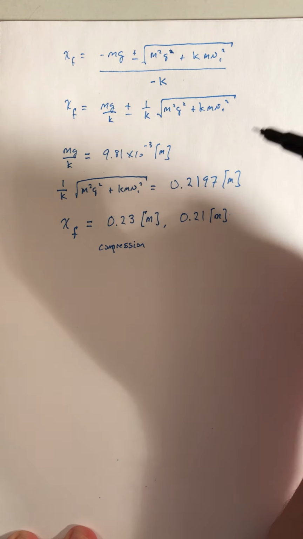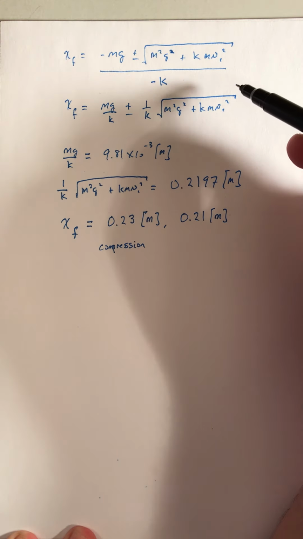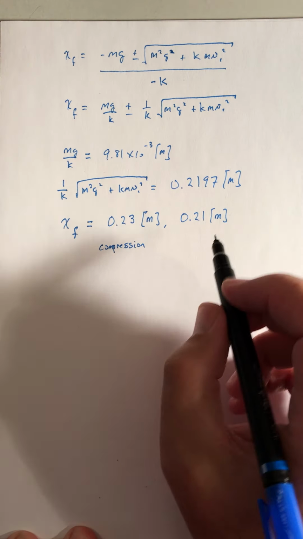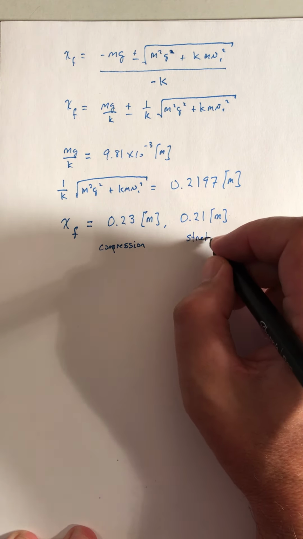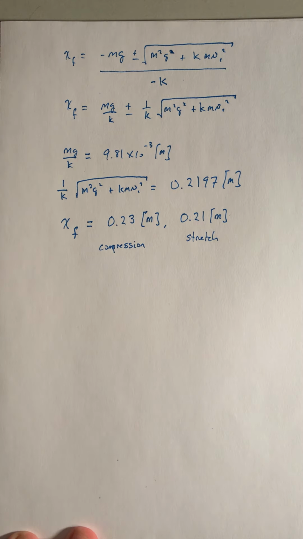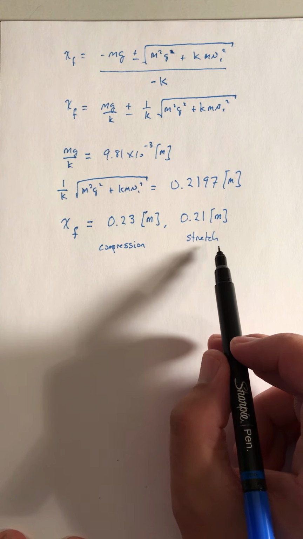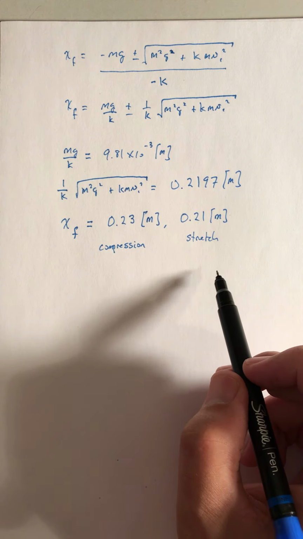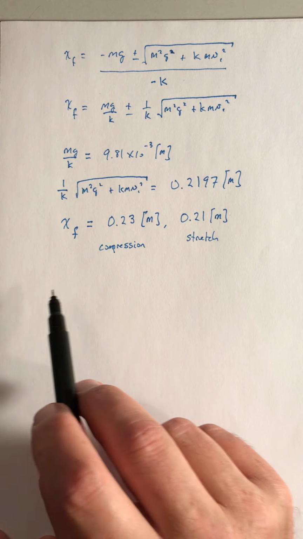If instead it was 6.94 meters per second directed up, and the block was somehow tied onto that platform with the spring, then I will stretch the spring by 21 centimeters. And here, the spring is doing work to slow down the block, and gravity is also doing work to slow down the block.